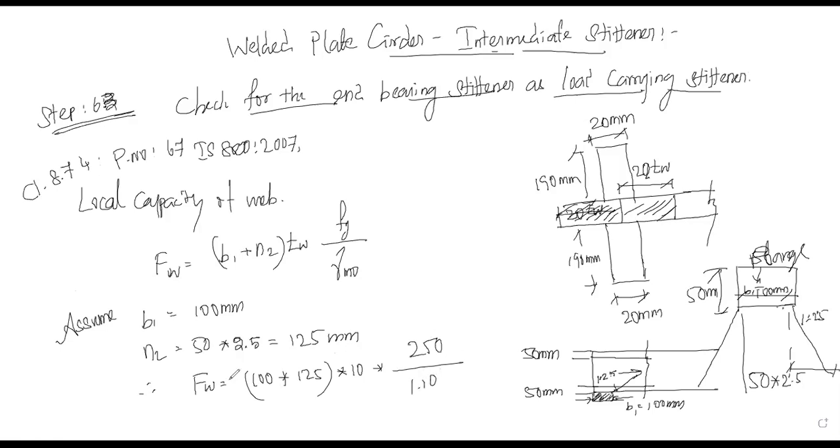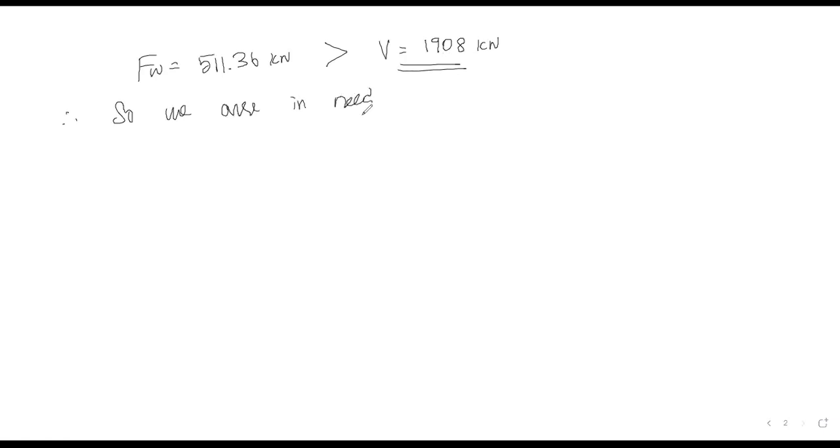If I substitute these values, I am getting the value of around 511.36 kilonewton, which is less than our actual shear force created in the plate girder, that is 1908 kilonewton. So we are in need of stiffeners.